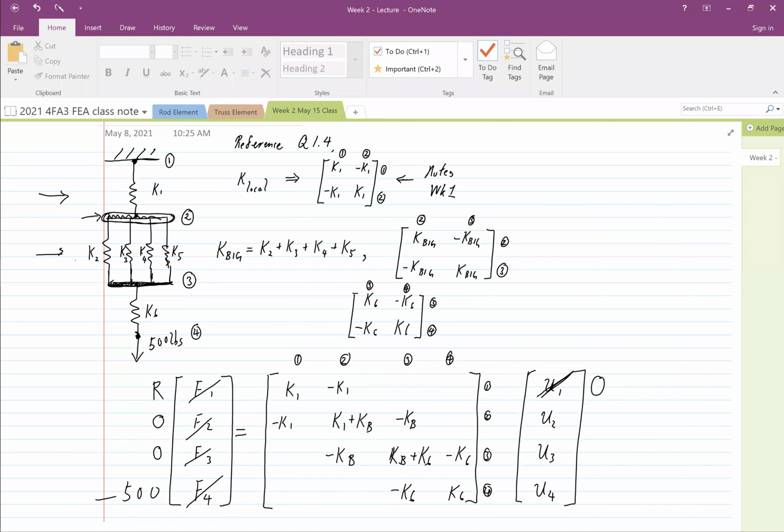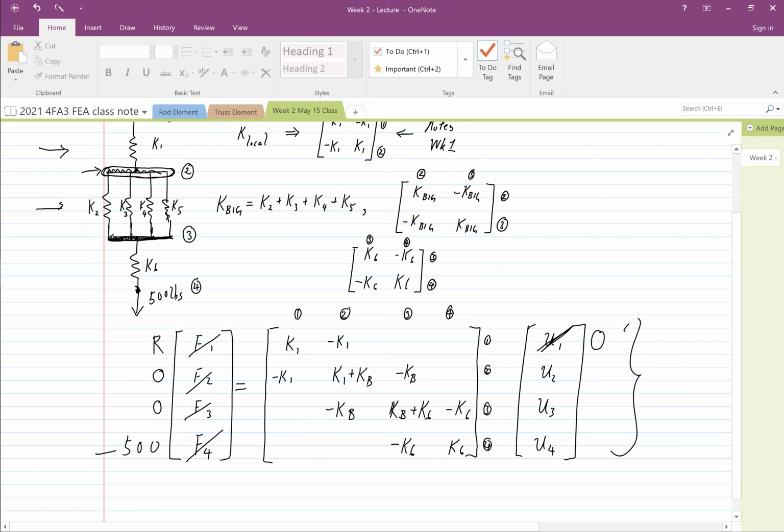From a global point of view, there's no applied force on nodes 2 and 3, right? So I cross them away. So now we have 4 equations and 4 unknowns. And you can solve them and look for U2, U3, U4. Do you have any questions here? Can I move on?